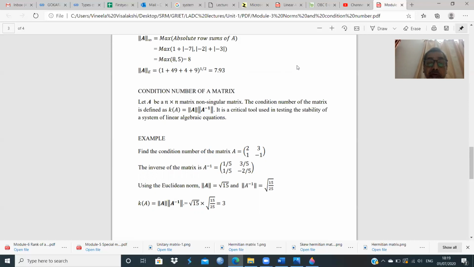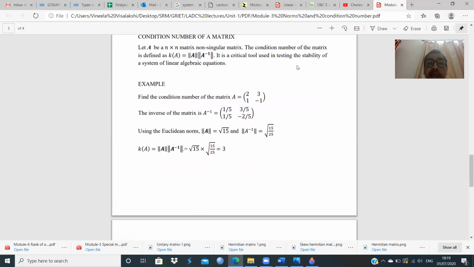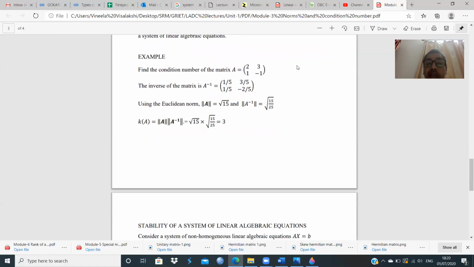Let us take a problem where we have a matrix A, 2, 3, 1, minus 1. Its inverse can be computed, and then let us find the Euclidean norm of A. The Euclidean norm of A is root 15, and the Euclidean norm of A inverse is root of 15 by 25.